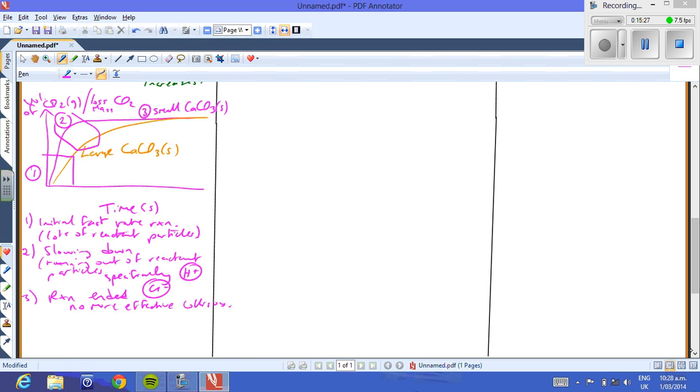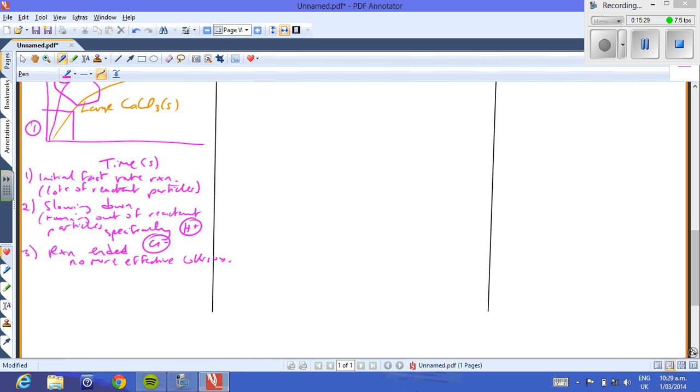So just a little bit to add regarding collision theory for the surface area paragraph. You need to mention that if you decrease the size, you increase the surface area exposed.